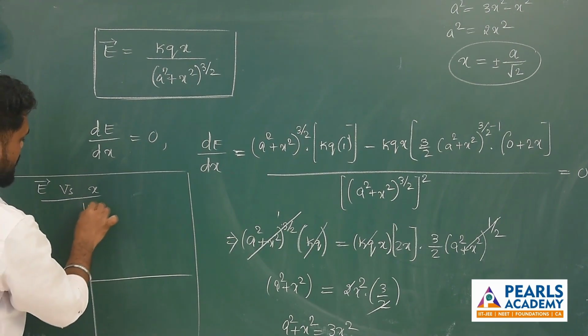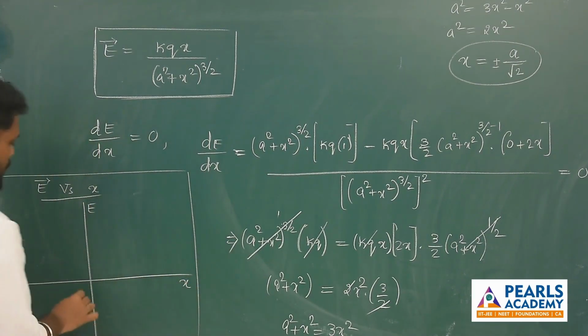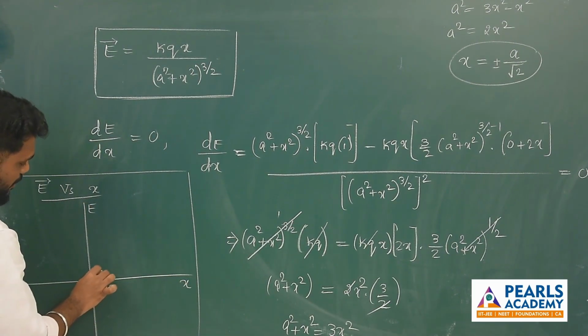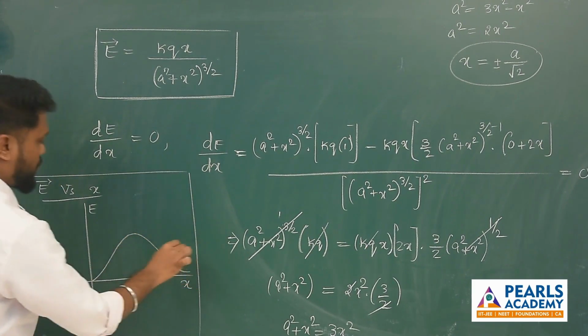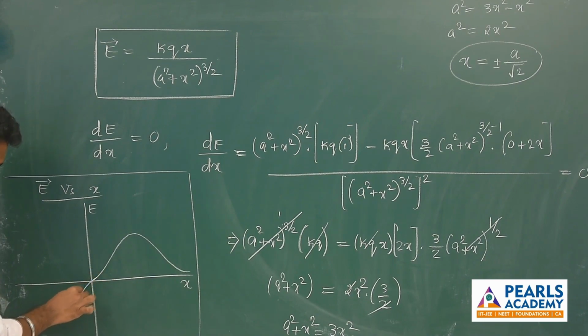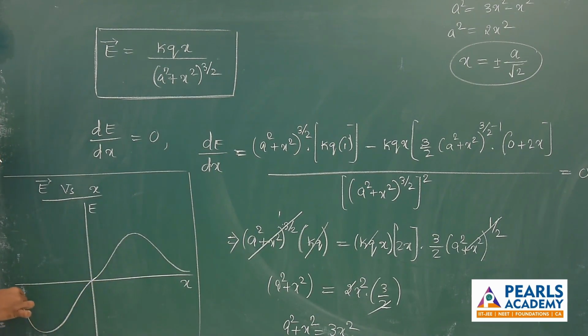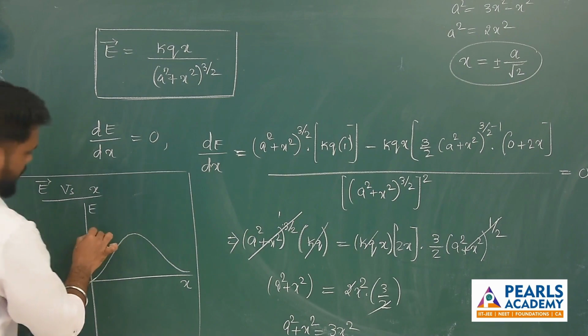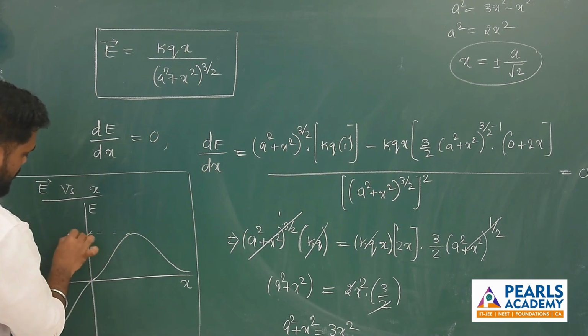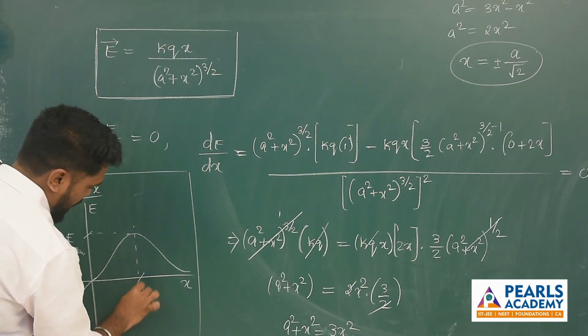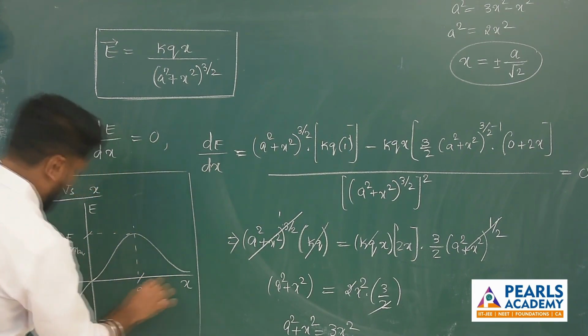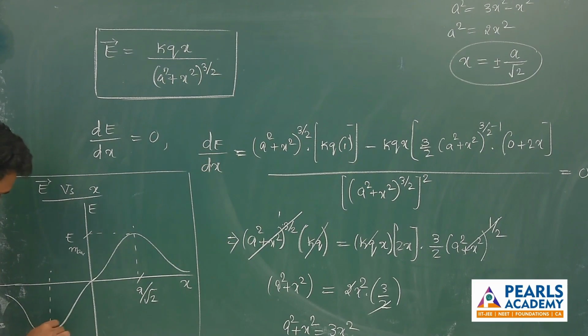It will be increasing and reaching its maximum value, then decreasing, and at infinity it becomes 0. On this side also it will be like this. So this is E max, where this point is a by root 2, and this is E minimum.